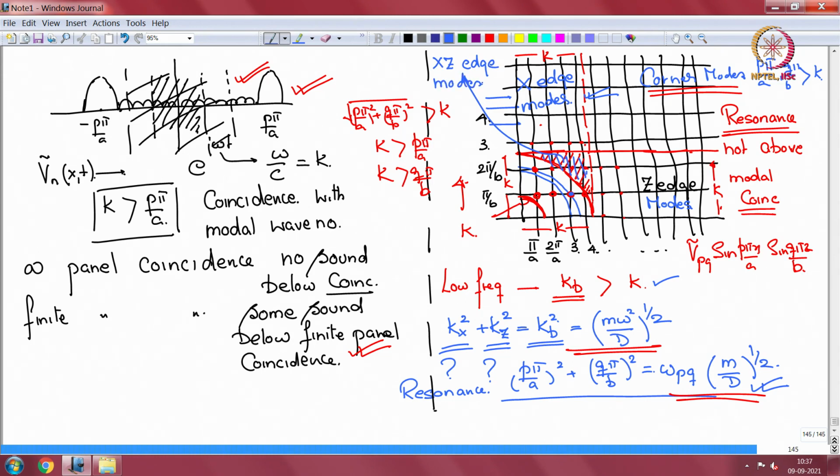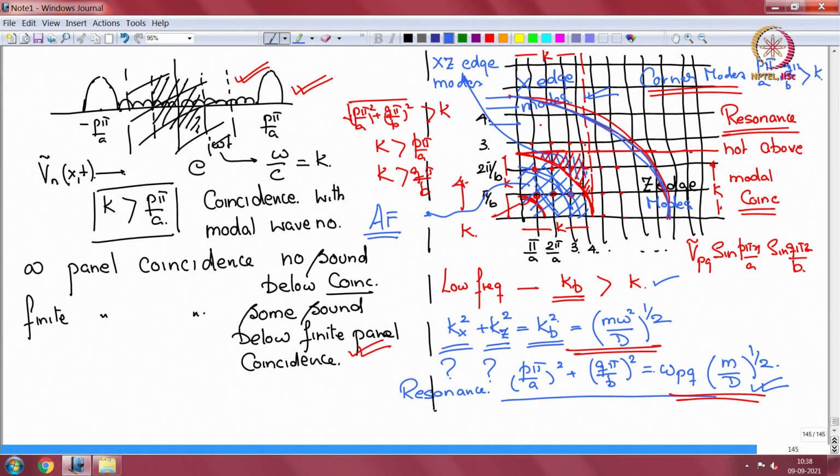And finally modes enter the acoustic circle. These modes within the acoustic circle become acoustically fast modes. So now as frequency is raised, at some instance the K quarter circle and the blue KB line coincide.